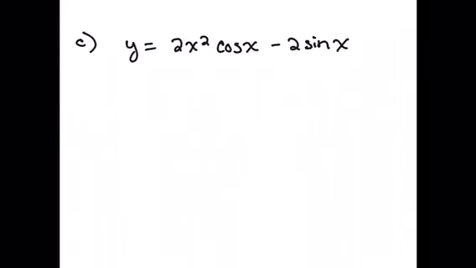Okay, here's another example of a problem where I don't have a choice about using the product rule. Now for this part of the problem, that's just going to be the rule about the derivative of sine. But for the first part, I see that I'm multiplying this function by this function.